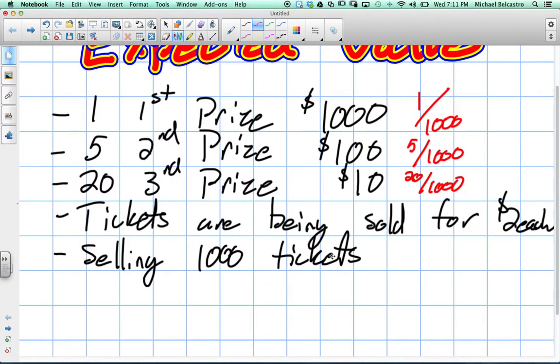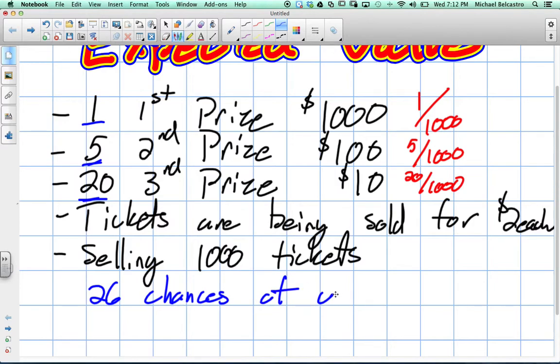And there's technically a 4th one. What would be considered 4th prize? Nothing. You win nothing. And what is your probability of winning 4th prize? How would we figure that out? What would we do with these values? Well, it's not 1,000 of 1,000. Minus the rest of them. Yeah, so because there is 1 first prize, 5 second prizes, and 20 third prizes, we put those all together, you have 26 chances of winning.